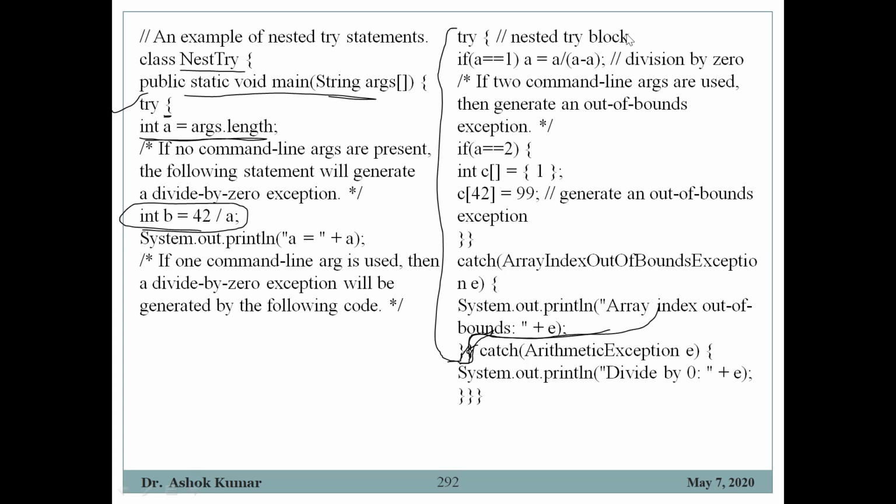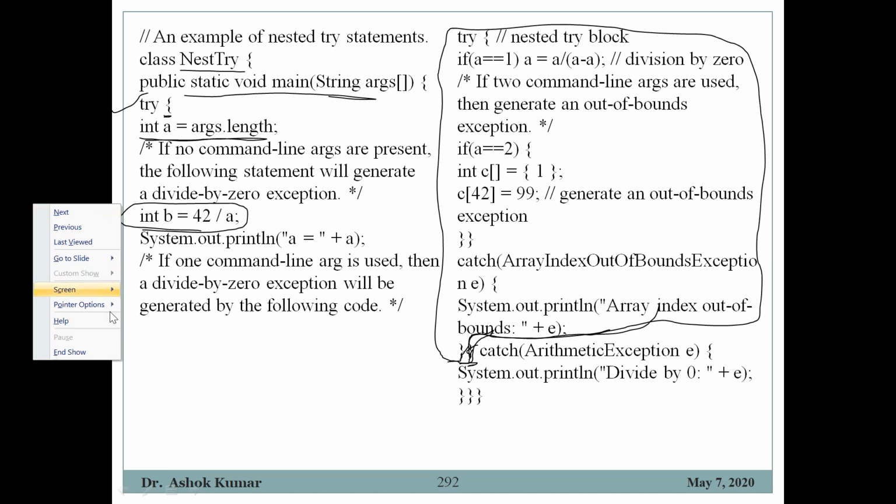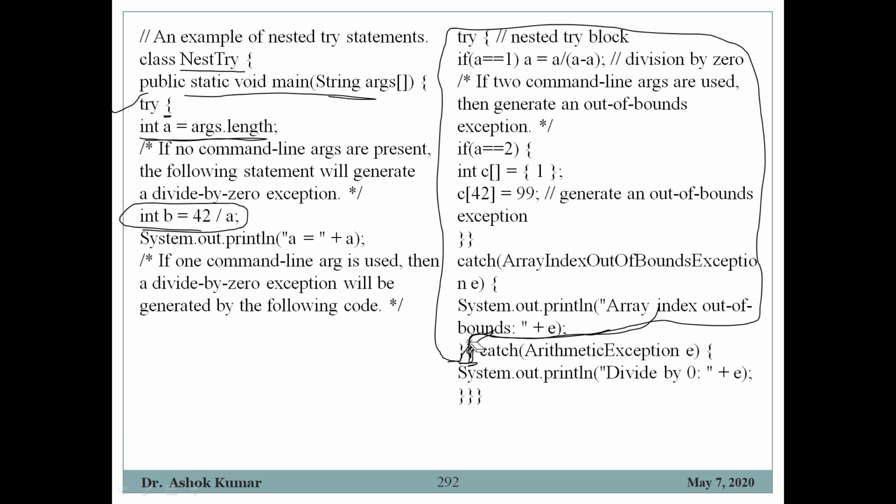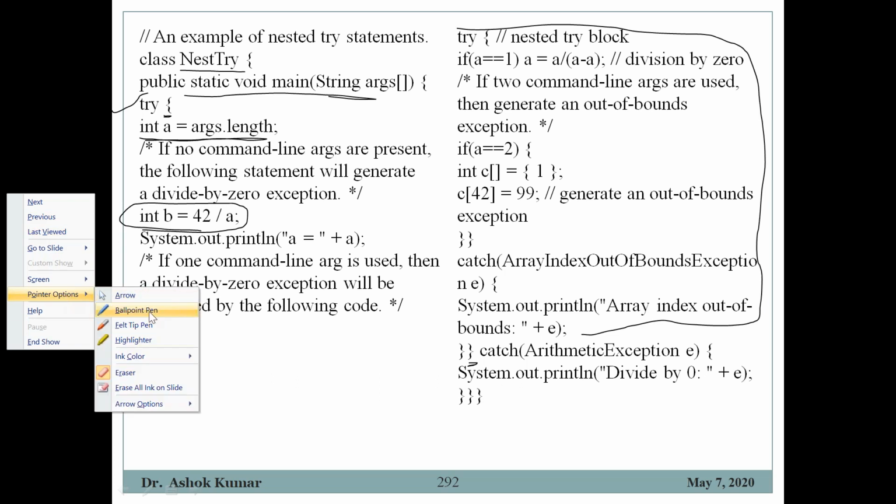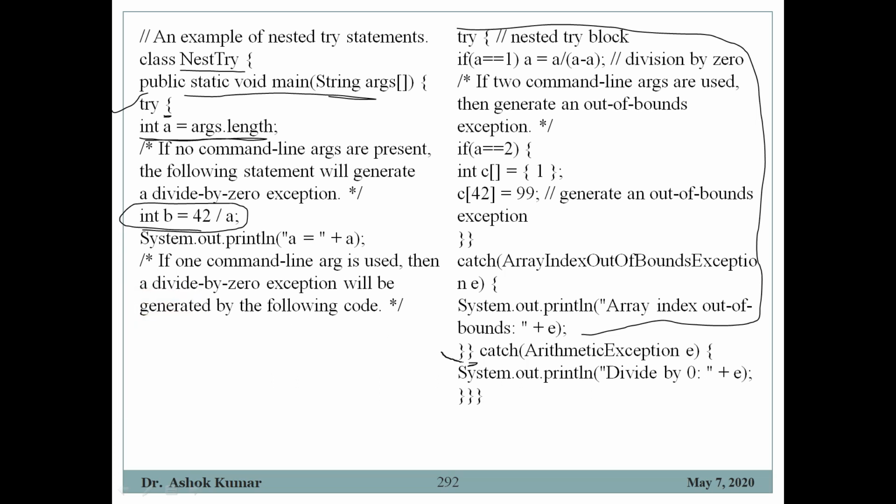Let me show you by drawing a boundary around it. Let me clear some part of it to make it more clear. So over here, let me draw the boundary again. This one is outside, one of the braces. This is the inner try block.